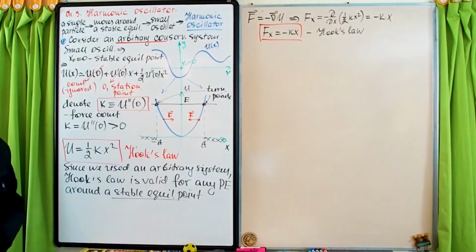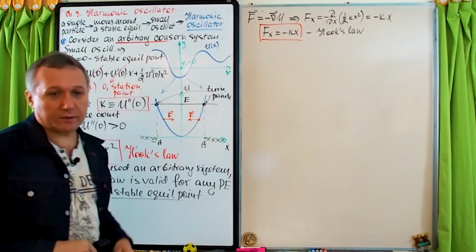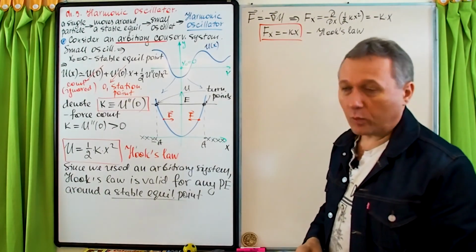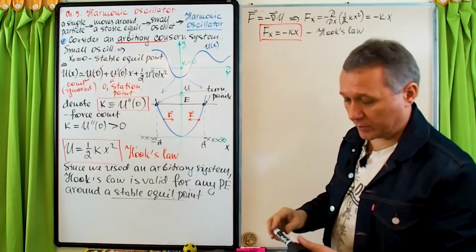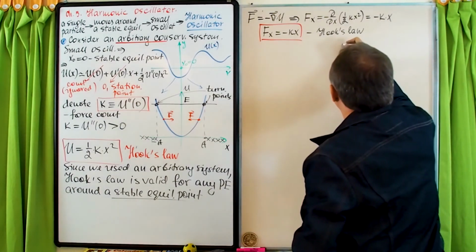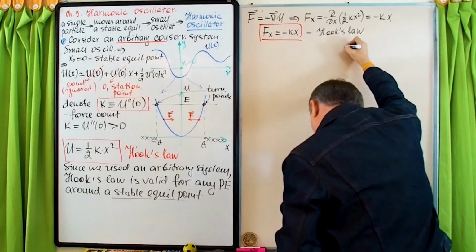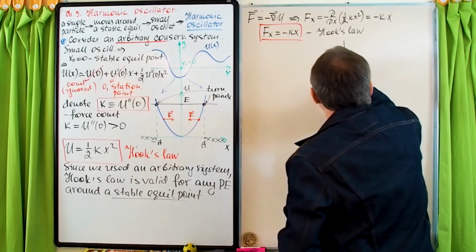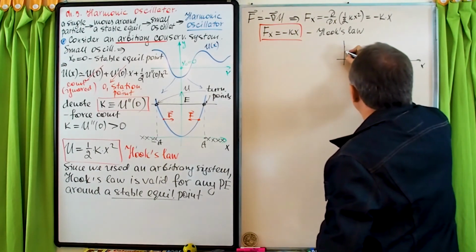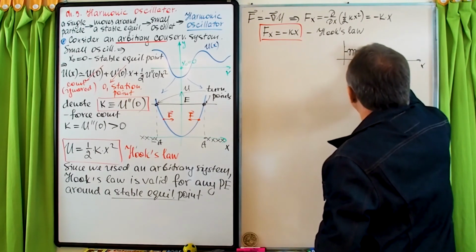And actually, we can also justify, by looking at this expression, why k must be positive. Let me quickly do that. If I draw, let's say this is x, and let's assume that we have a mass spring system.